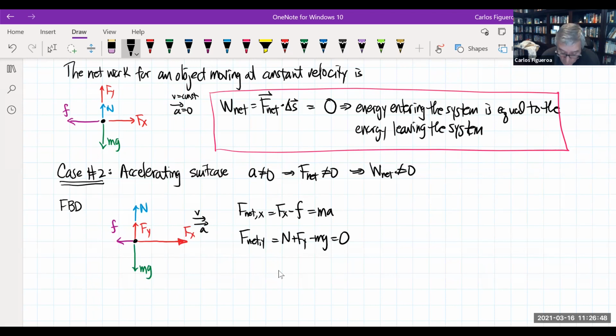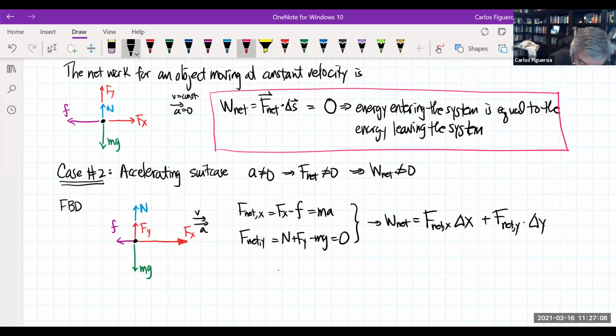When I look at the net work, it is the net force in the x direction times delta x plus the net force in the y direction times the change in displacement in the y direction.